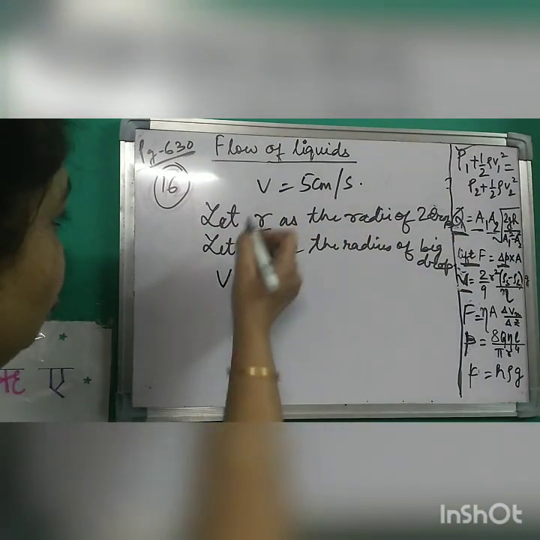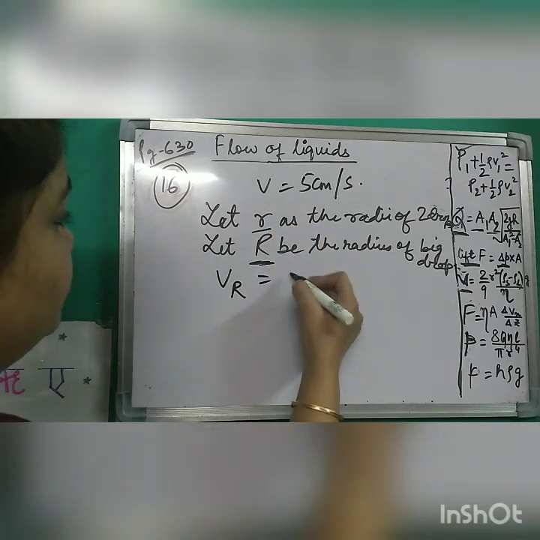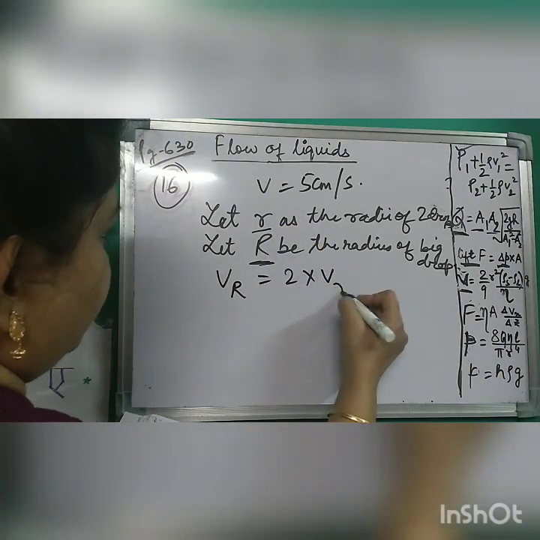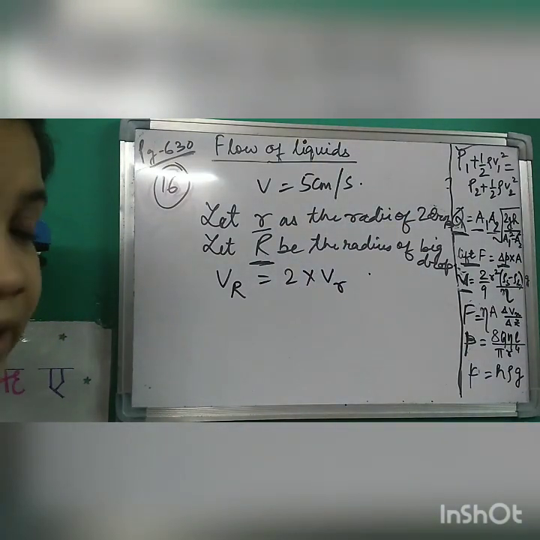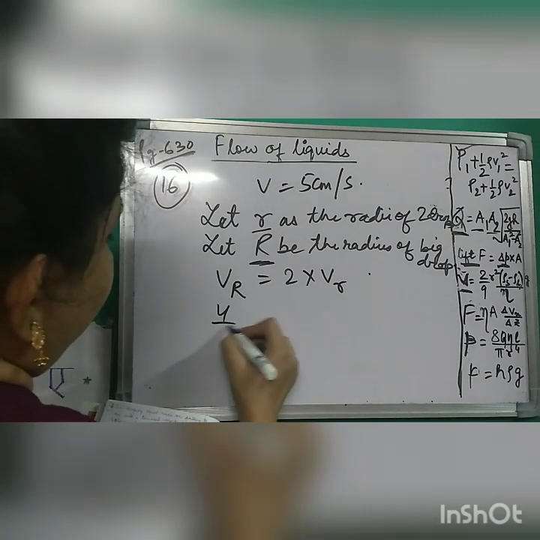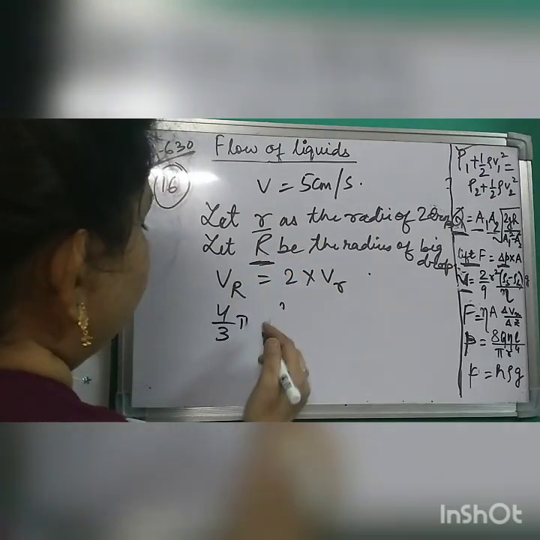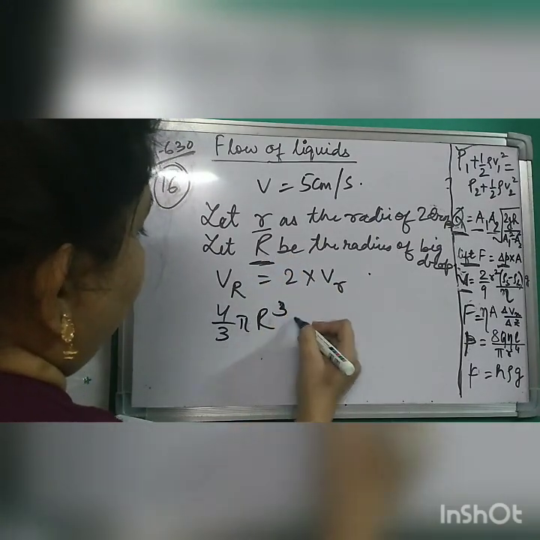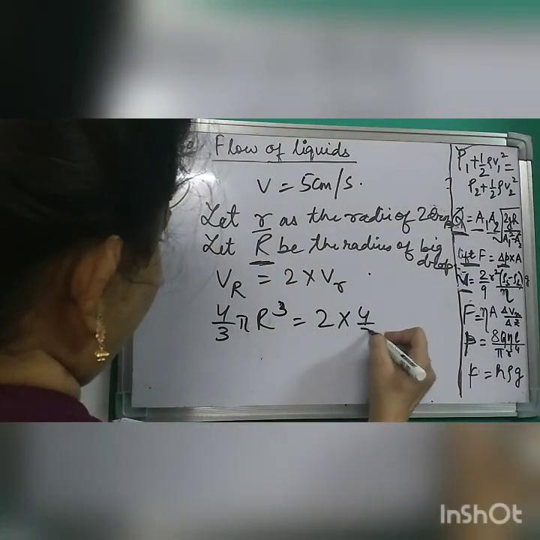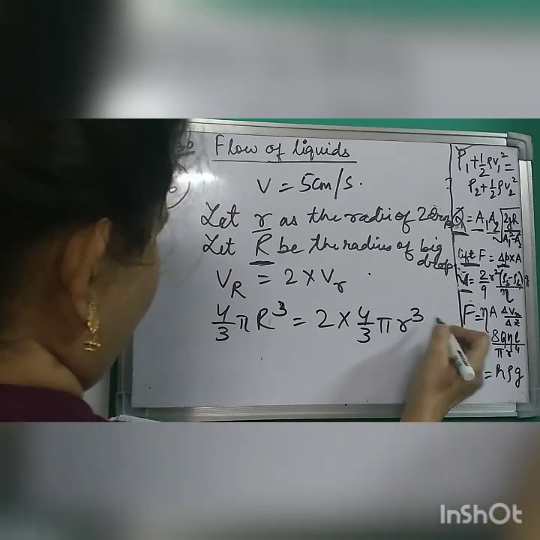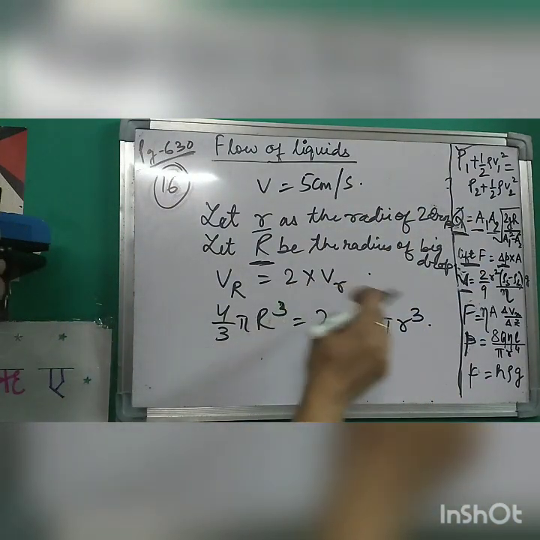That means the volume of the bigger drop is equal to 2 into the volume of the smaller drop, right? So the bigger drop is 4 by 3 pi capital R cube, equal to 2 into 4 by 3 pi small r cube.